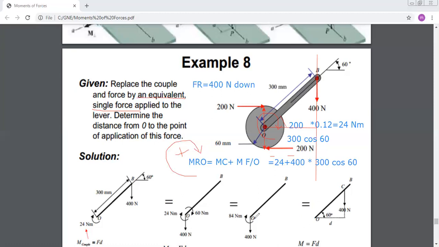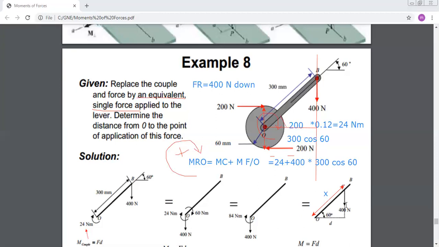So if I displace the force a certain distance here on my arm OB, if I displace it at a certain distance x, how to find what should be x in order to have the same equivalent system? I say that when I displace my force a distance x, I only need one force to represent my system.